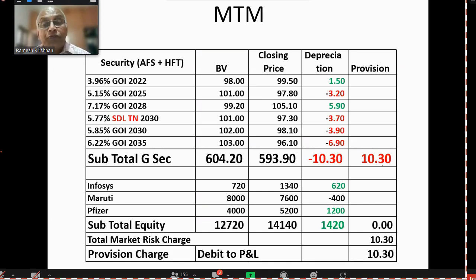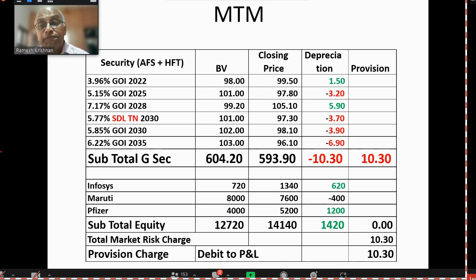Now, as on March 31st, the closing prices given out by Financial Benchmark India Limited, FBIL. FIMMDA is the self-regulatory body. FBIL works in close association with FIMMDA and comes out with the last traded price, so that whether you are Federal Bank, Canara Bank, or SBI, for 3.96 2022, everybody puts 99.50 as the closing price as on 31st March.